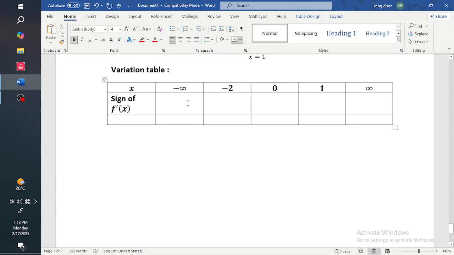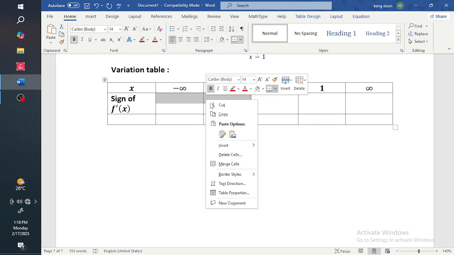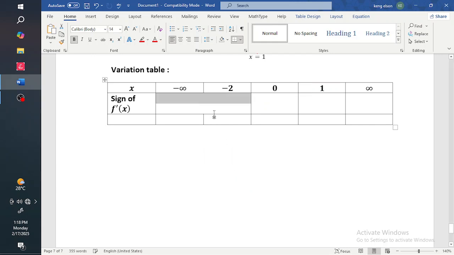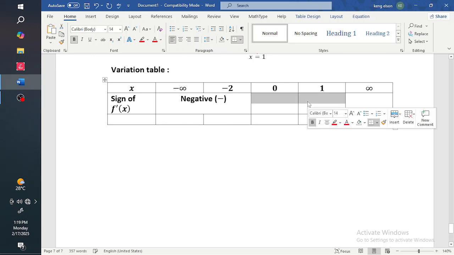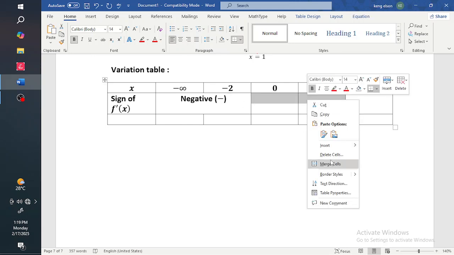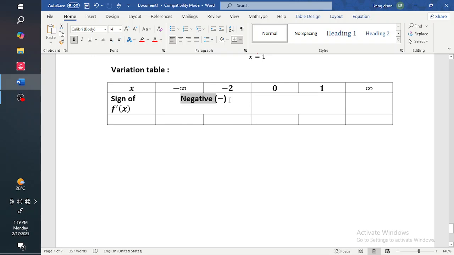So in the interval from -infinity to -2, f prime is automatically negative. Since it is one interval, I'm just going to match it, so f prime is negative. Normally when you're drawing you put the minus sign. Now in the interval 0 to 1 it is also negative.